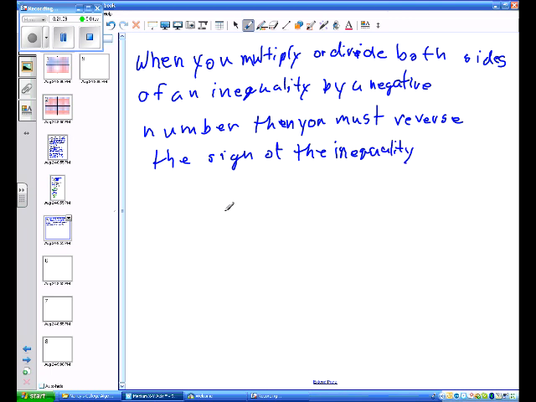As an example, if we have the equation negative 3x is less than 6. Well, if we divide both sides of our inequality by negative 3, then we're going to have to reverse our inequality. We'll switch the signs because our answers have to be greater than negative 2, or in interval notation, negative 2 to positive infinity.